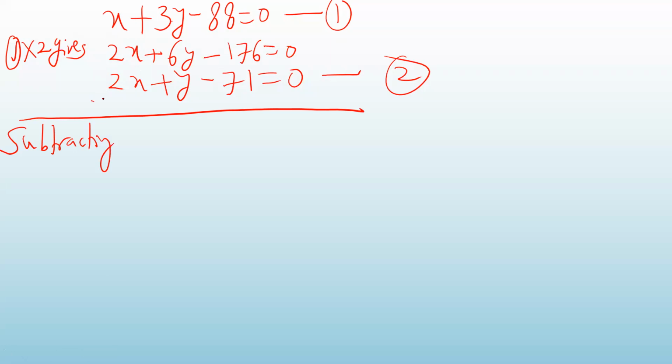So plus will become minus, minus will become plus. 2x minus 2x will get cancelled. 6y minus y is 5y. Minus 176 plus 71 will give you minus 105. So 5y minus 105 is equal to 0.